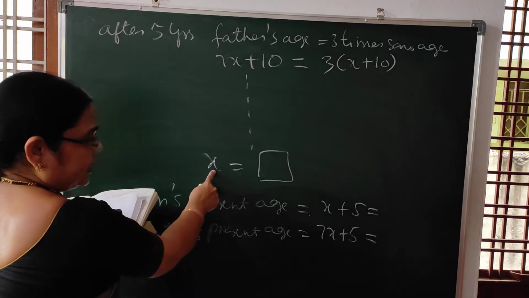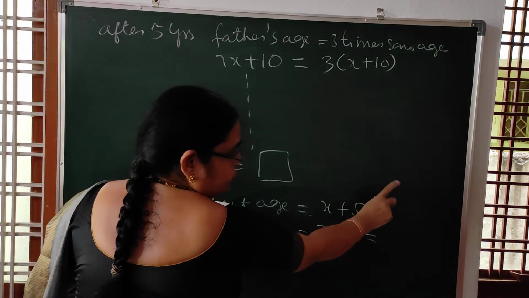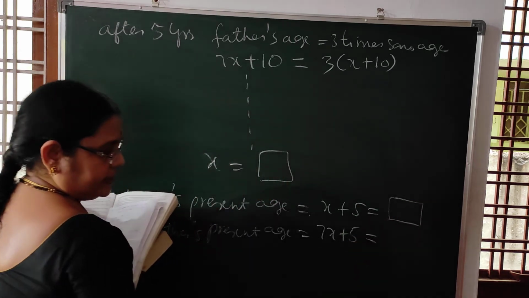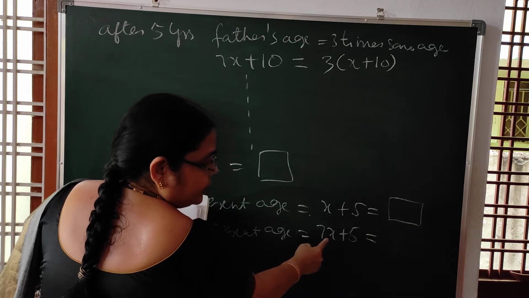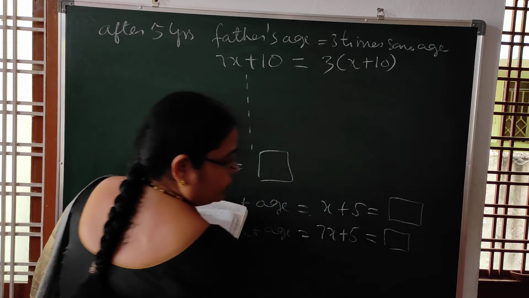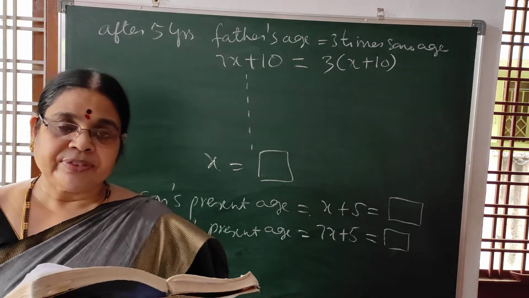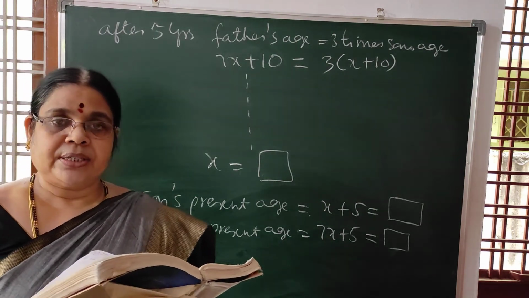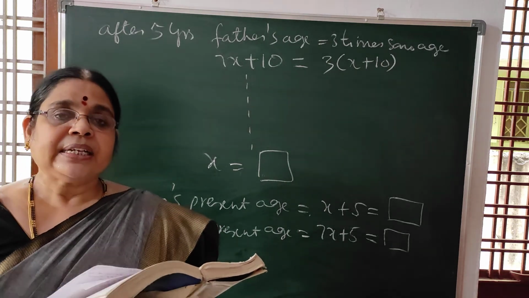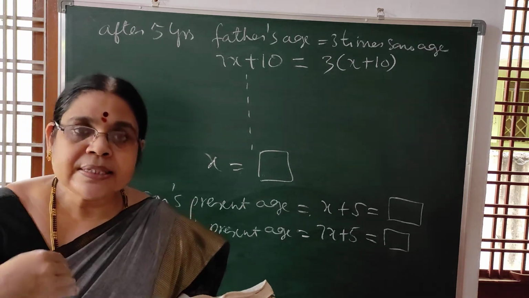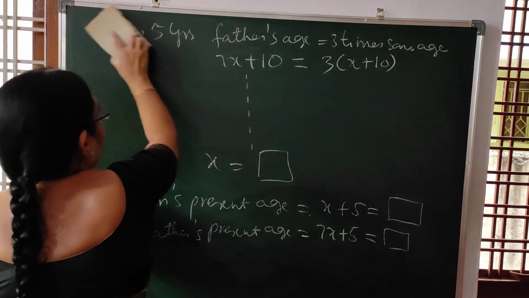That means you get x is equal to something, and x plus 5 gives the son's present age, and 7 into x plus 5 gives the father's present age. This question is a little different from the remaining questions. Here the starting age was given as 5 years ago. What is his present age? After 5 years, what will be his age?